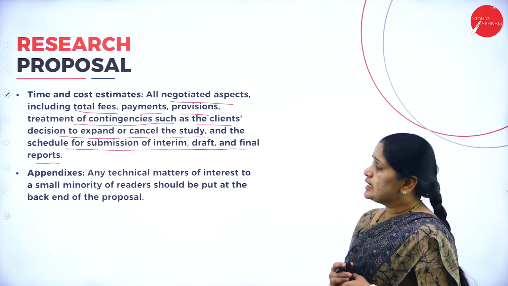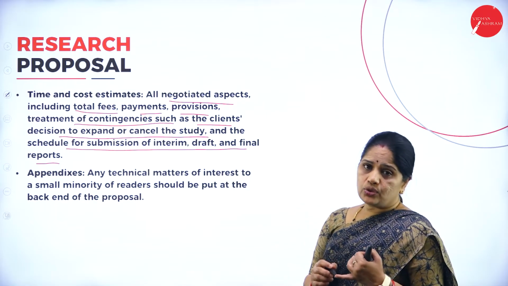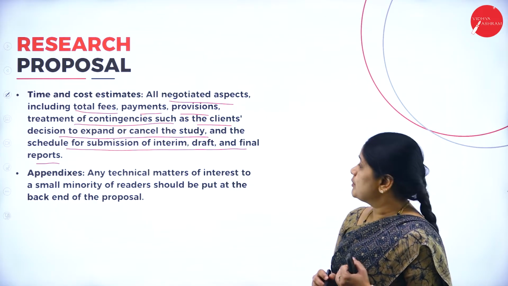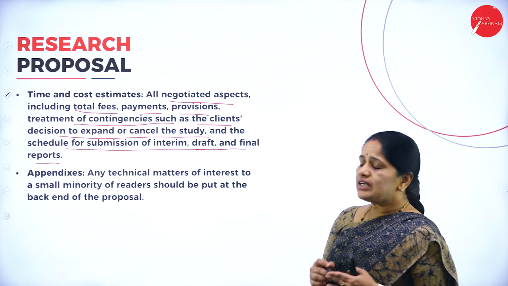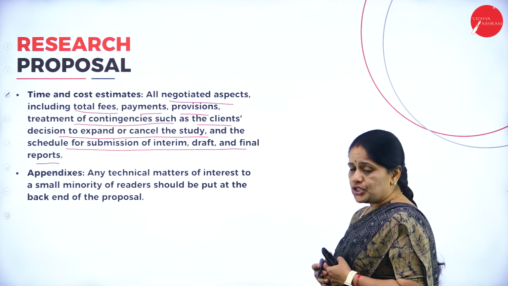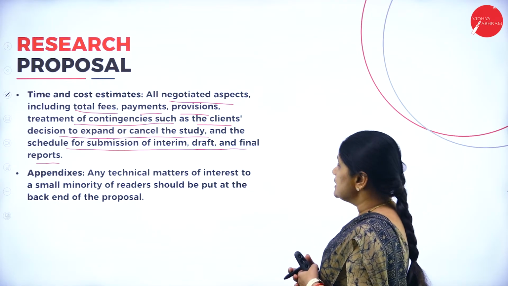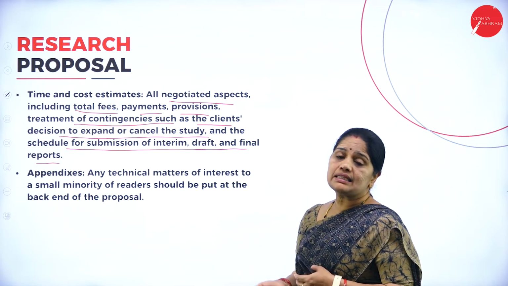What are the negotiated aspects here? One thing is the total fees you will be collecting for the research process, then the payments, the provisions, and the treatment of contingencies. Some unforeseen events may happen, so what should we do under such circumstances? Such as the client's decision to expand or cancel the study.